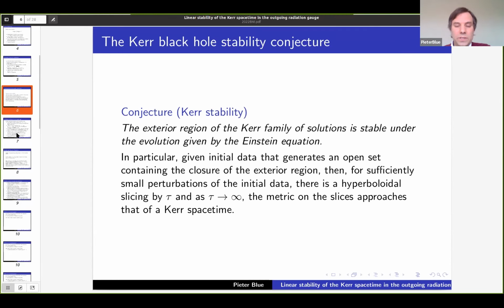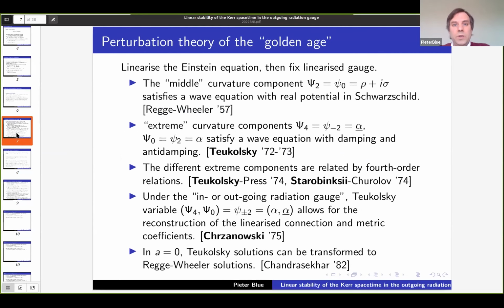All right, so there's been a lot of work on this problem for a long time. I'm going to start with what I call the perturbation theory of the so-called golden age, particularly the 1970s, where a lot of work in the physics community was done on this. But the study of stability of black holes is quite a bit older than that. It started with Regge and Wheeler in 1957. And sort of looking back on it now, the way that I would look at it is that the Riemann curvature in 1+3 dimensions has 10 components.